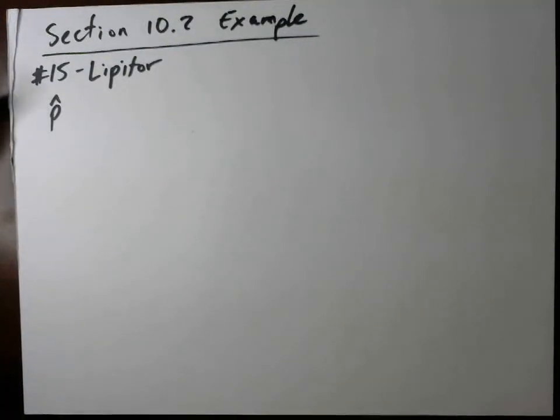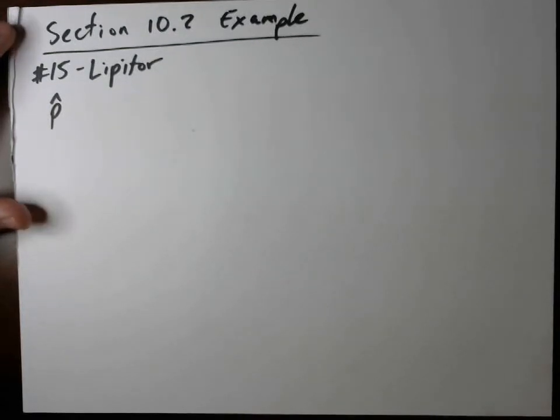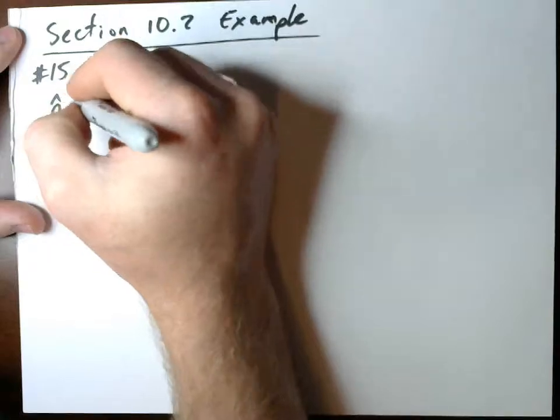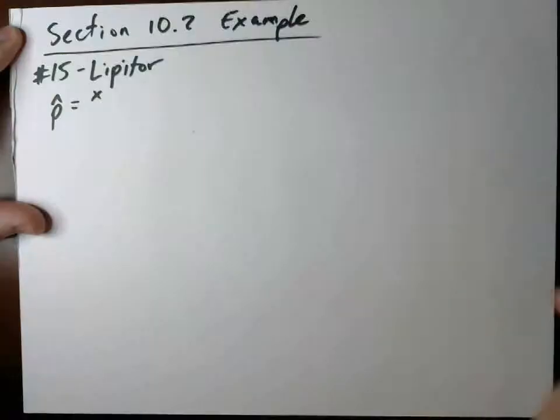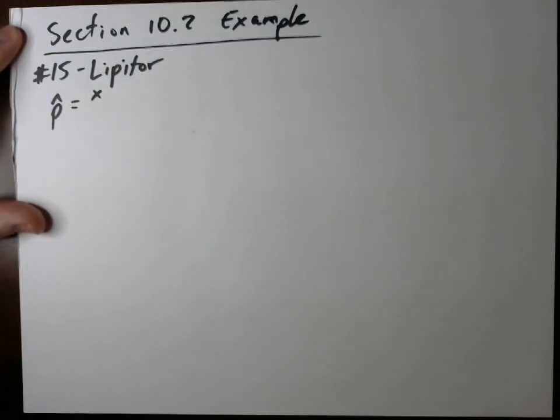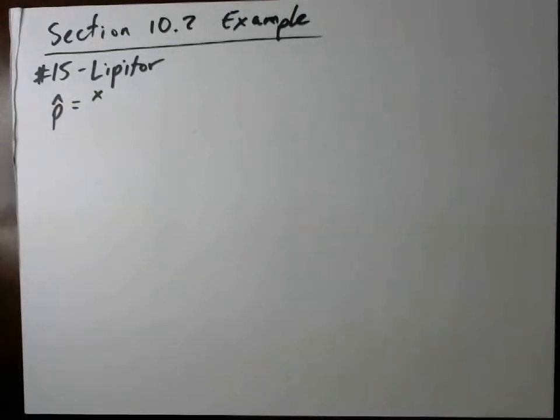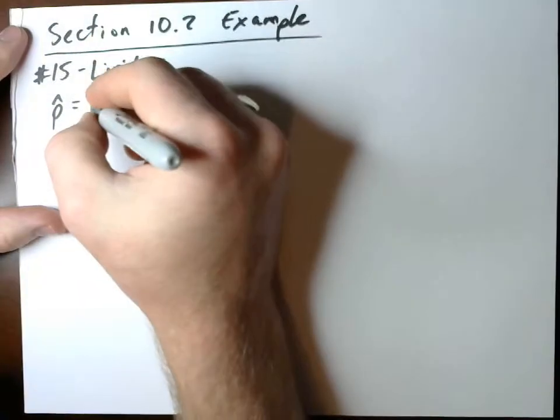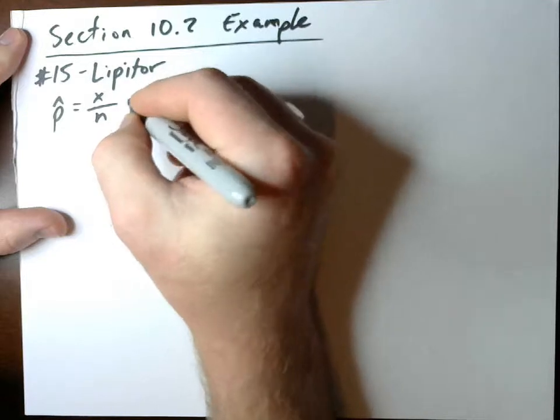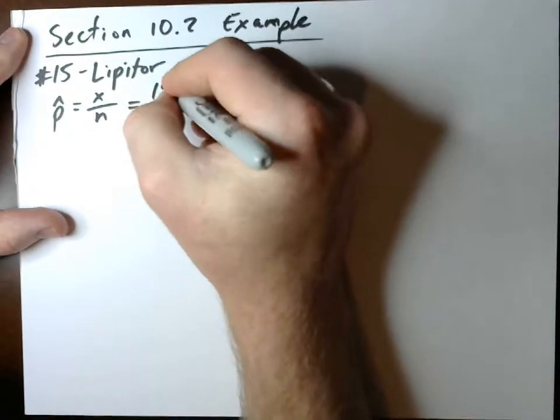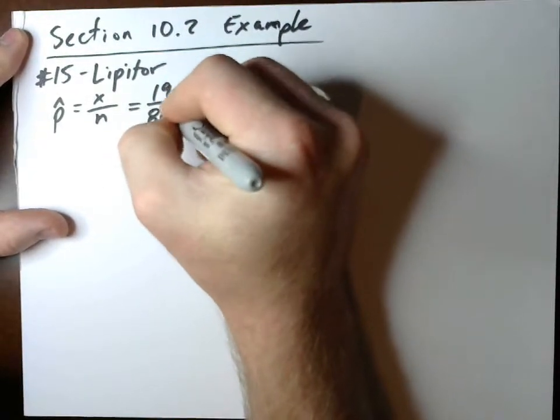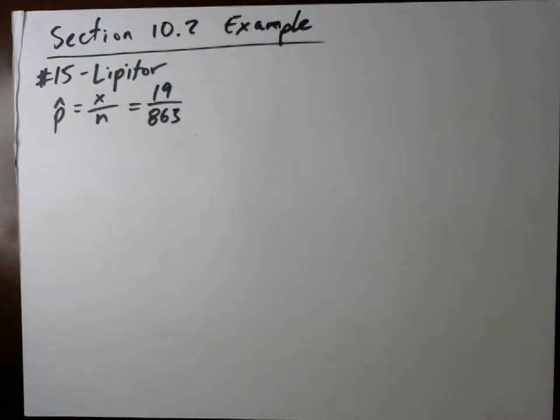That's all the information that we should be able to get from proportion. So what we see is we have x, the amount of successes, or what we consider success, out of our total sample size n, which is 19 out of 863.